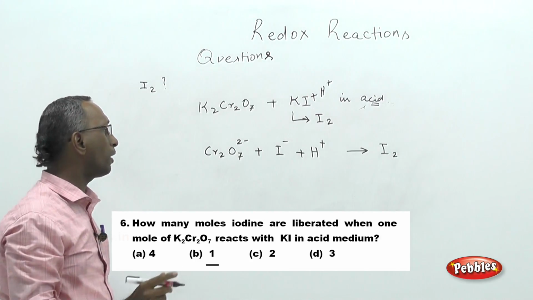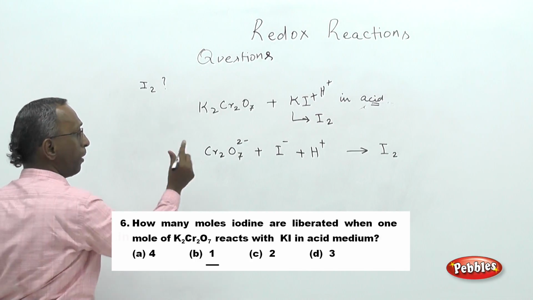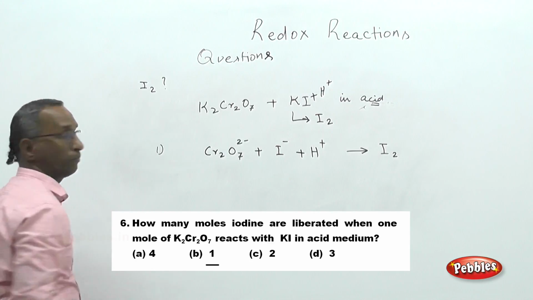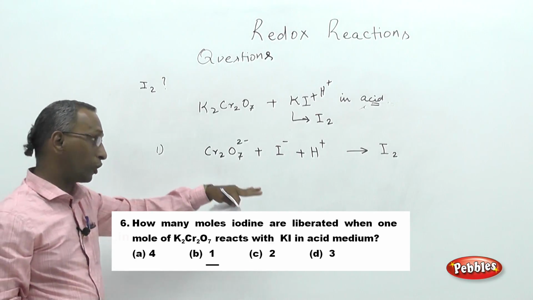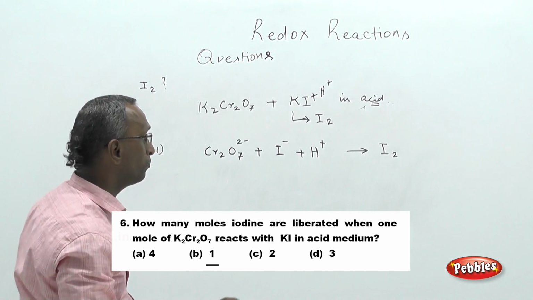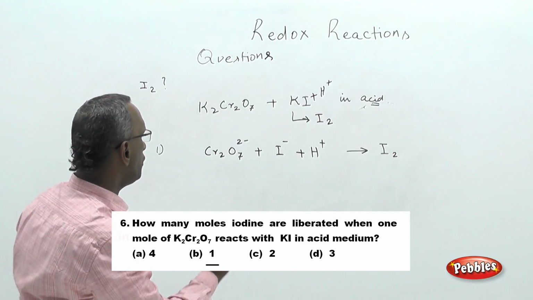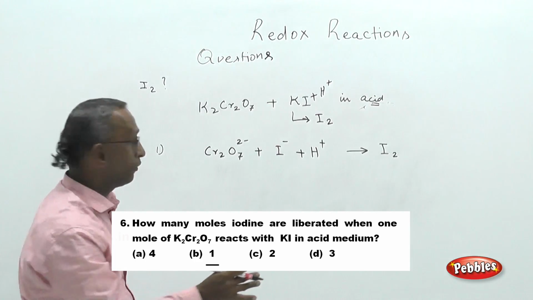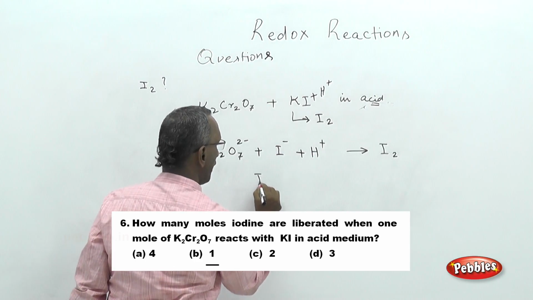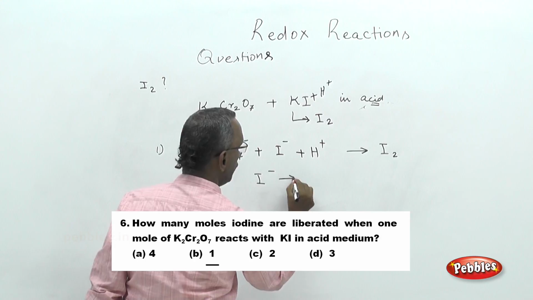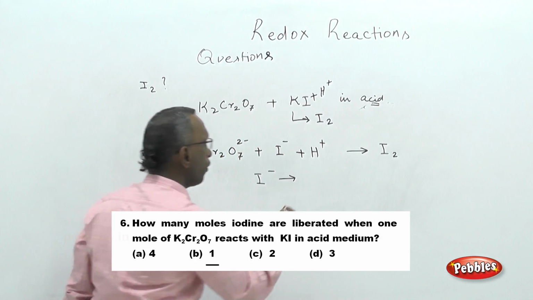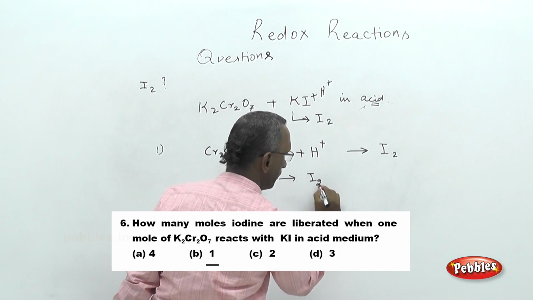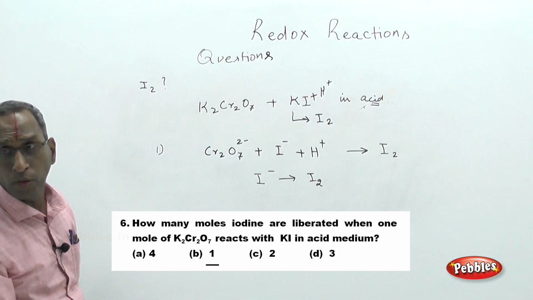First we have written the ionic equation. It is not balanced; there is no conservation of mass. Then we have to see which are reduced and which are oxidized. From this we can write the half-cell reaction. The oxidation half reaction is iodide conversion to iodine.